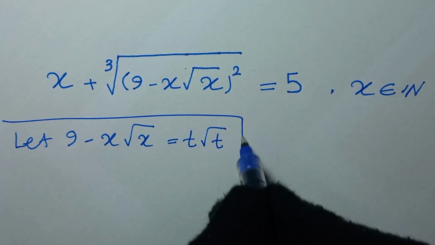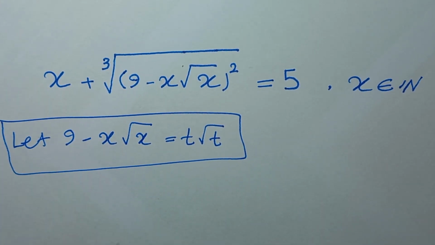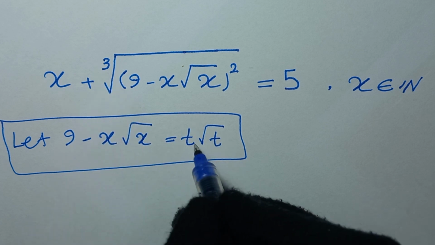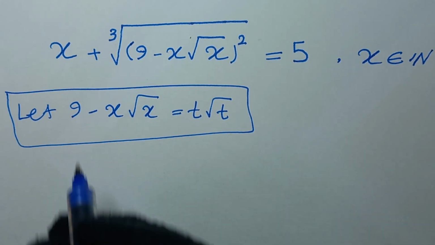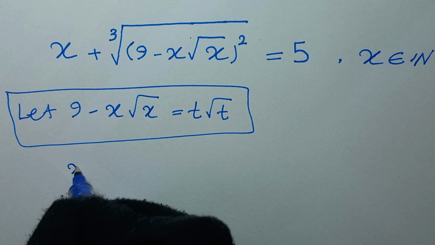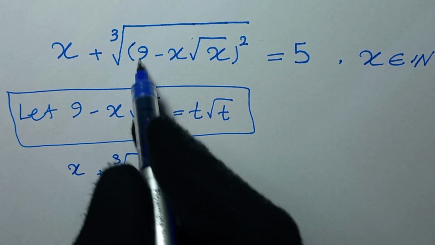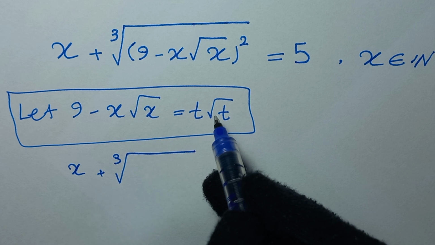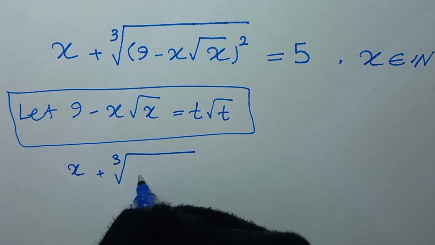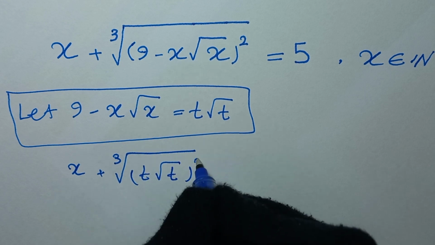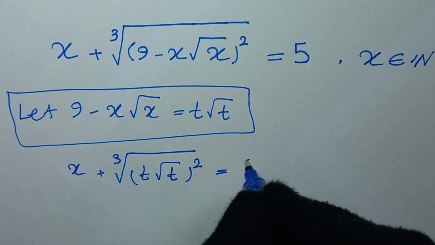Because of this power of 2 and this cube root, we let this as t square root of t, and we write here x plus cube root of this, t square root of t to the power of 2 is equal to 5.